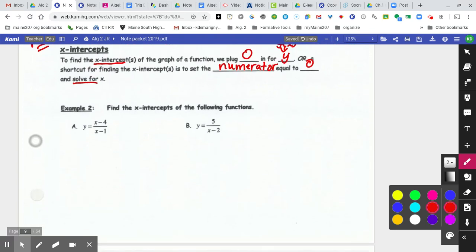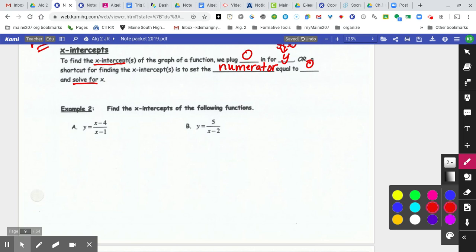When I'm looking for x-intercepts, I'm going to let the y equal 0. So what I have is 0 equals x minus 4 over x minus 1, and what I'm trying to solve for is x. Now, 0 over 1 is the value of 0. Because I have a fraction equal to a fraction, the way that I solve what's called a rational equation is I'm going to cross multiply.